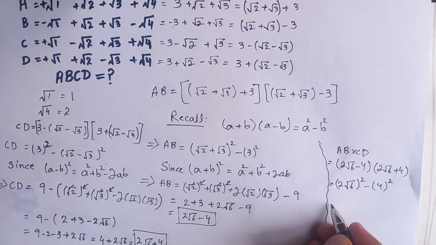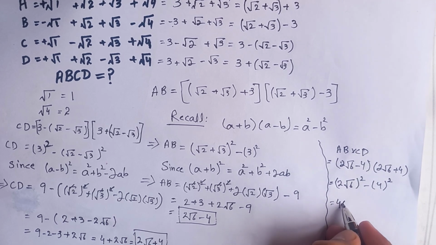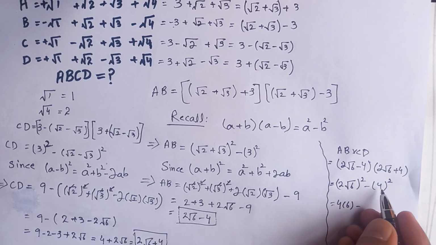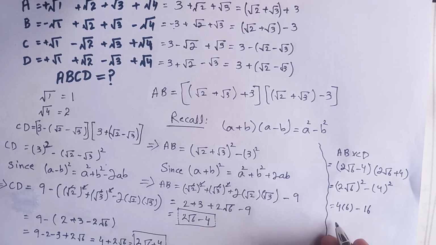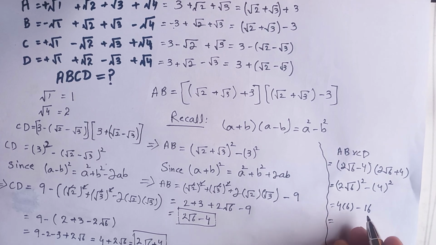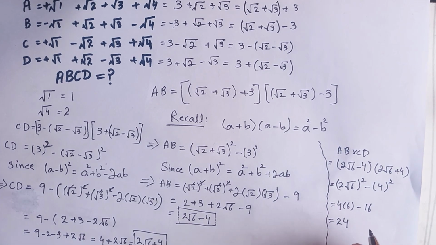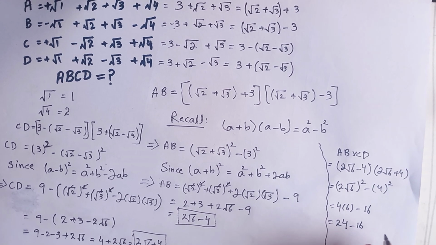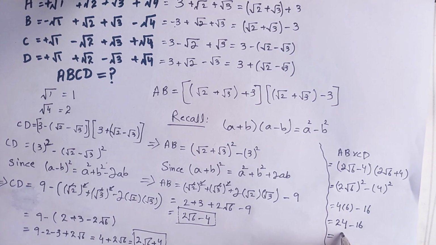So what will be the square of 2? Square of 2 will be 4 and square of square root 6 will be 6, minus square of 4, which is 16. 4 multiplied by 6 is 24. 24 minus 16 is 8.